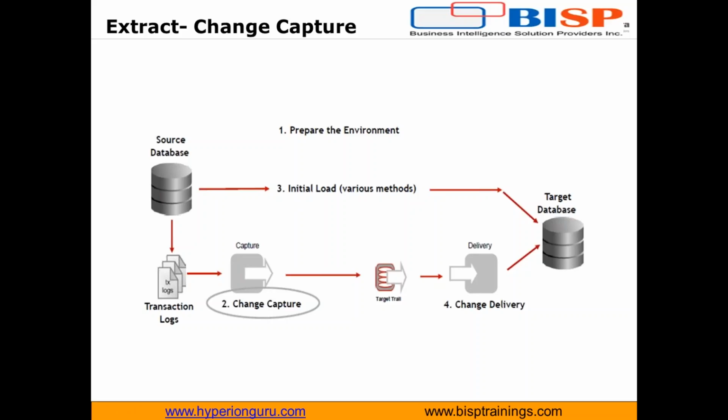Then note down the SCN, perform the initial load of source database into target database till that particular SCN noted in the above step, and then once initial load completes, start the replicat, wait for the two databases to be in sync, and then your normal process will continue.